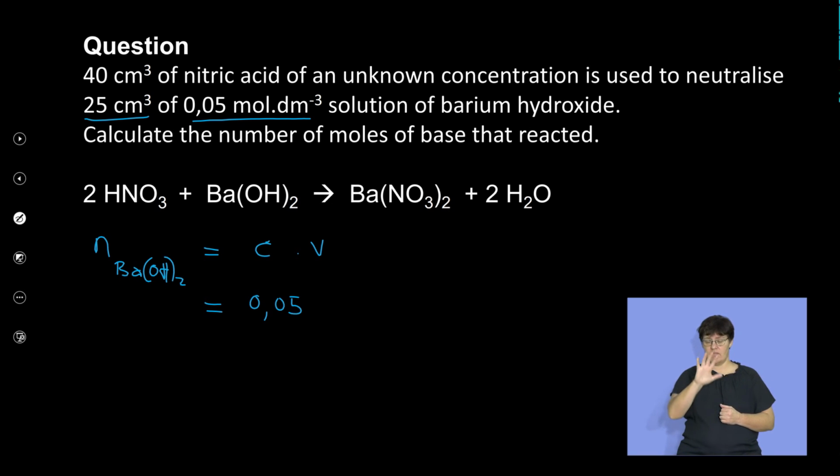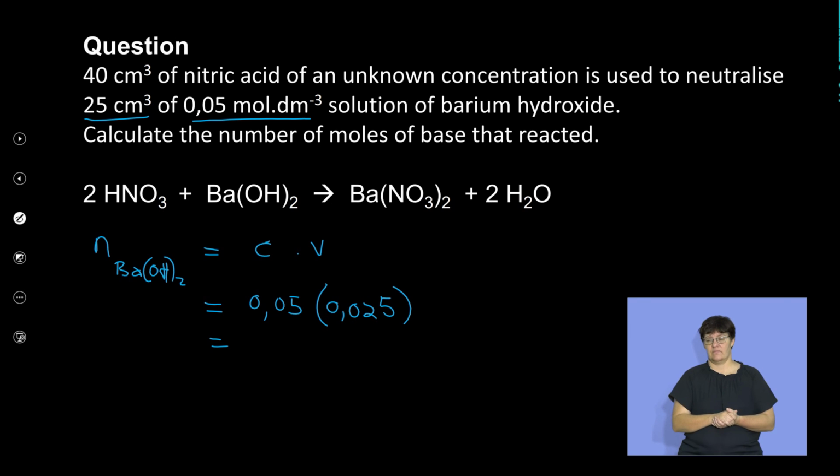So the formula is from the data sheet. We copy it, and then we want to find the number of moles. So 0.05, which is the concentration, multiplied by the volume, which is 0.025.